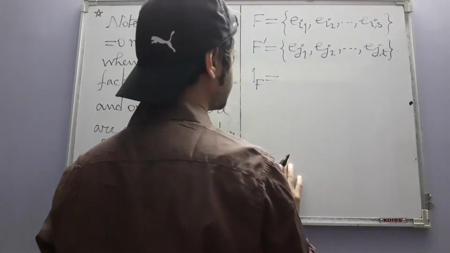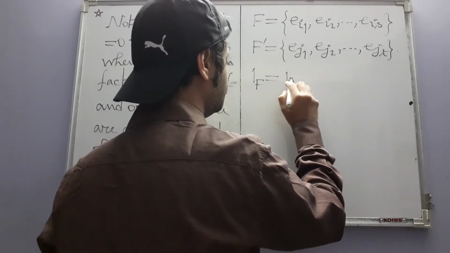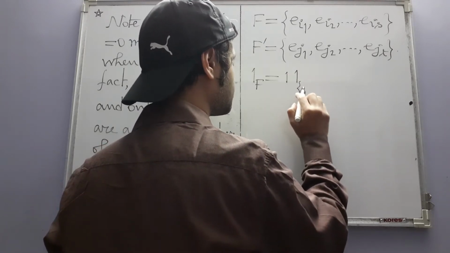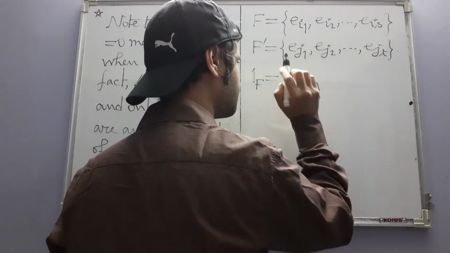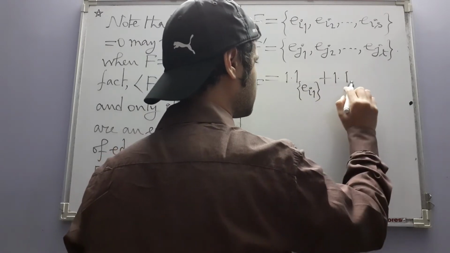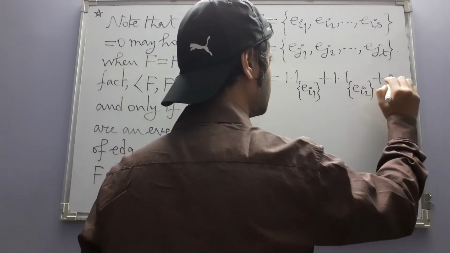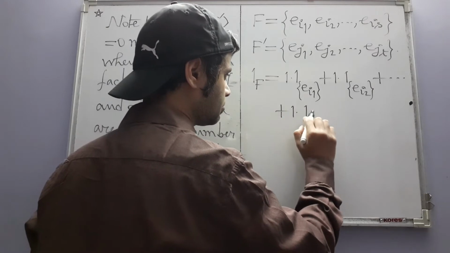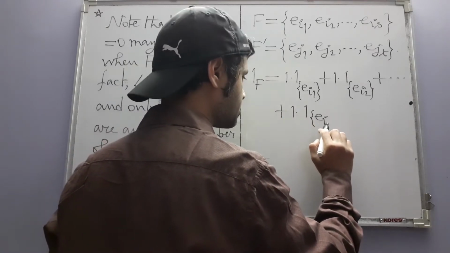So the indicator function, of course, will be this. Watch this carefully. 1_{e_{i1}} plus 1_{e_{i2}} plus ... plus 1_{e_{is}}.